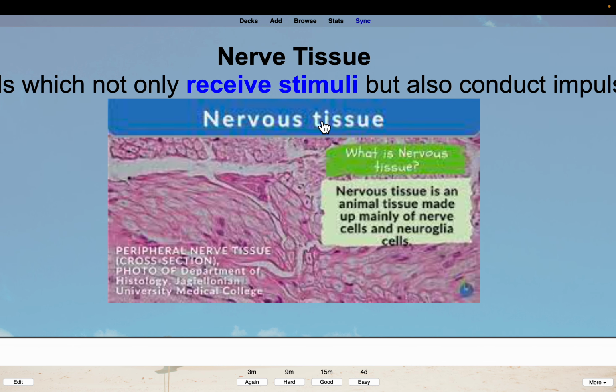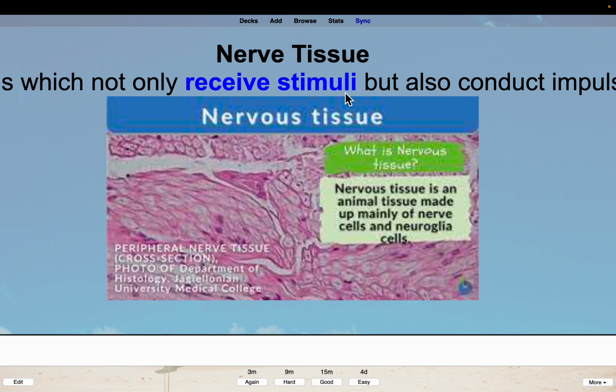So nervous tissue or nerve tissue is basically animal tissue made out of mainly nerve cells and neuroglia cells.